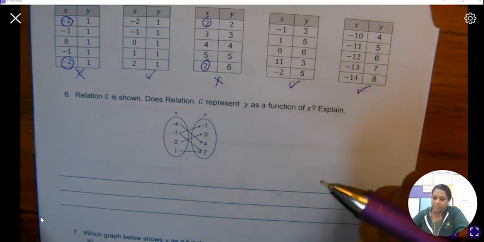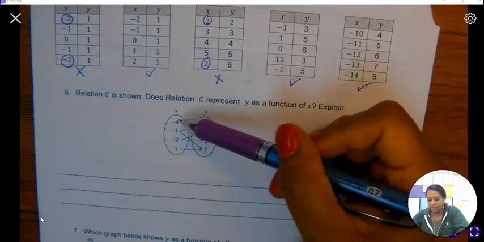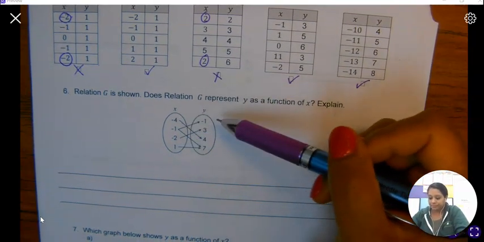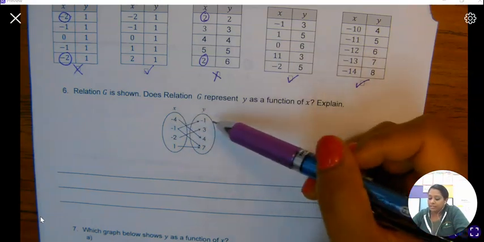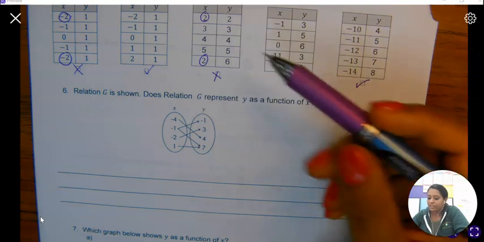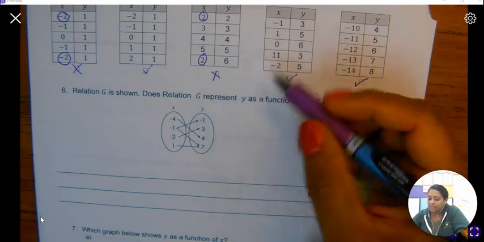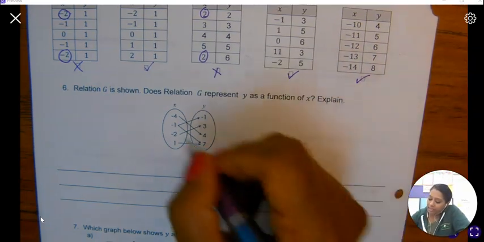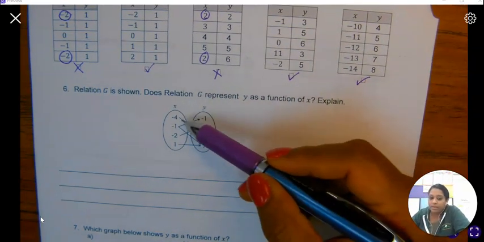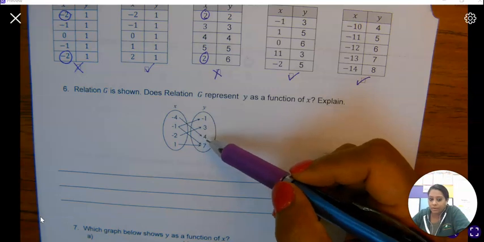All right, number 6, relation G is shown. When it says relation, it's just talking about the relationship between x and y, okay? Does relation G represent y as a function of x? Well, if you look at this, -4 goes to 4.